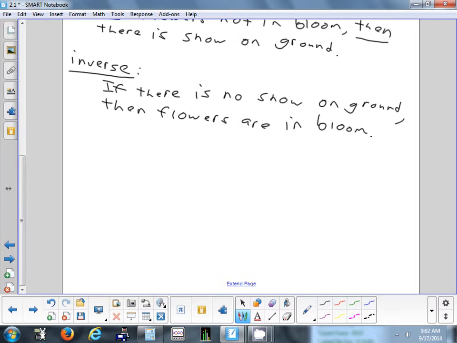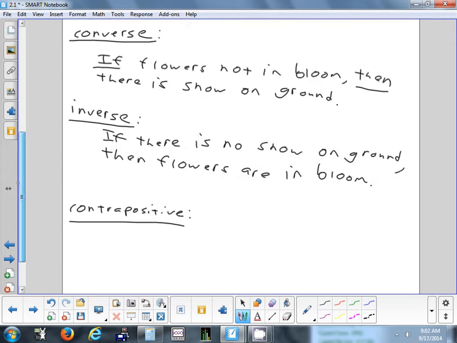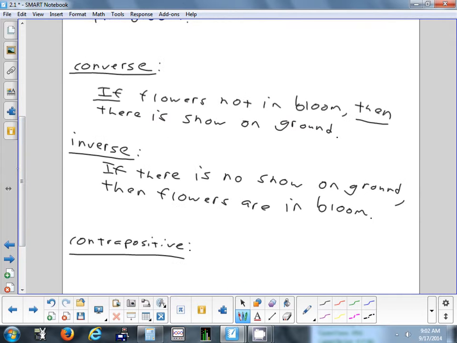Okay, and the last part, contrapositive. What I like to do to find that is just go back and look at your converse and put the word not in, or cancel the word not out if it's already there. Dakota?